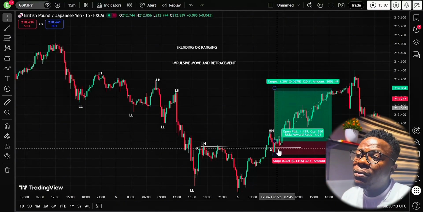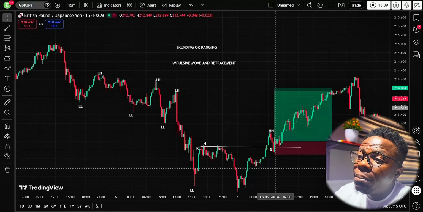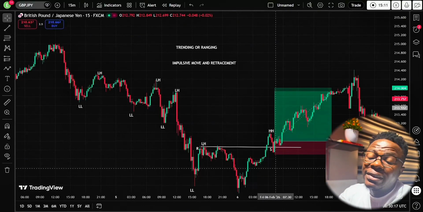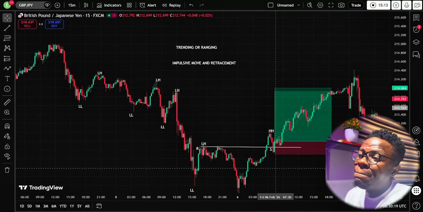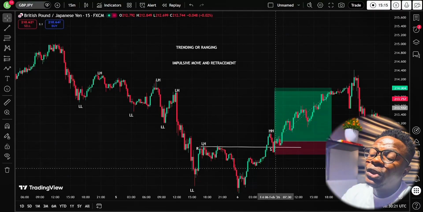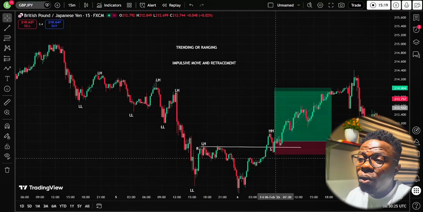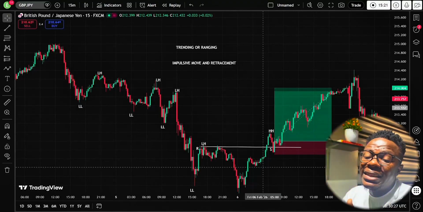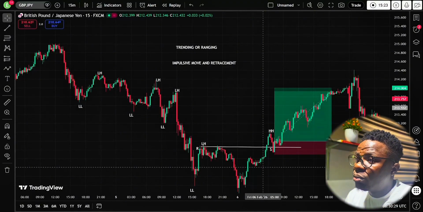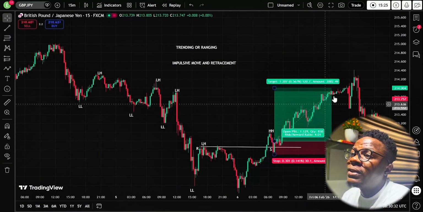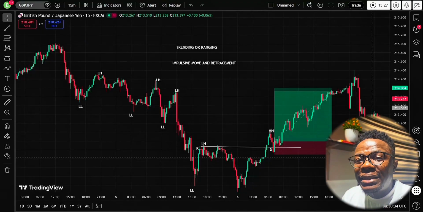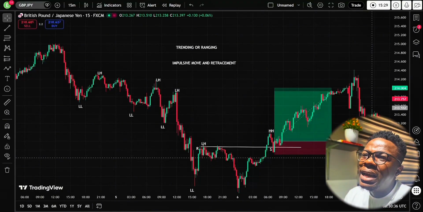And on that support level, what did I do? I looked for a simple candlestick formation, which is my bullish engulfing pattern, positioned my order at the close of the bullish engulfing pattern, put my stop loss below the low of the engulfing pattern, and then I targeted 1 to 4, and boom, this was straight to profit, 120 pips. You can keep applying this on your chart consistently, daily, and you can keep making that money.